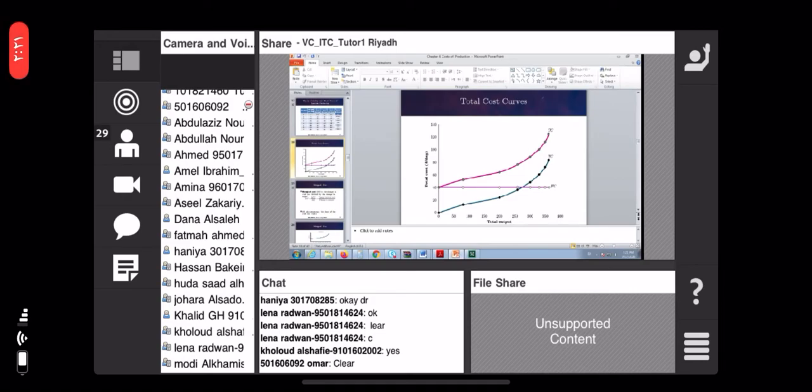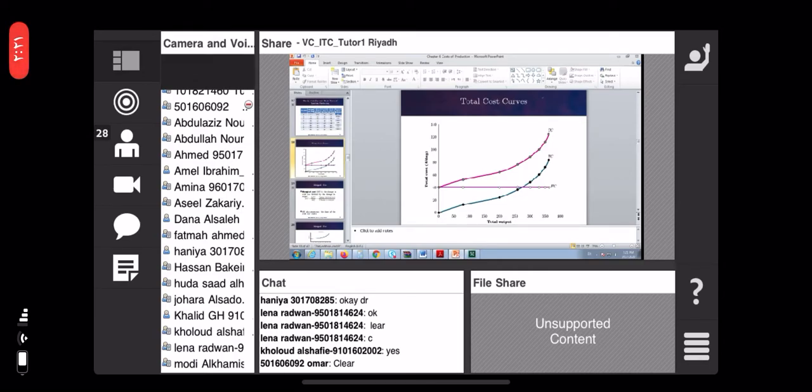And these are the charts, how to draw the curve of total cost. It looks like that. The curve of fixed cost, it's 40, looks like that. The curve of variable cost looks like that. This is the variable cost.